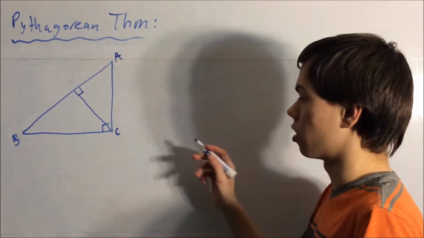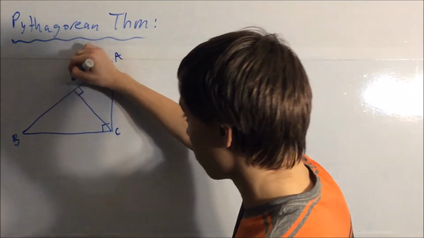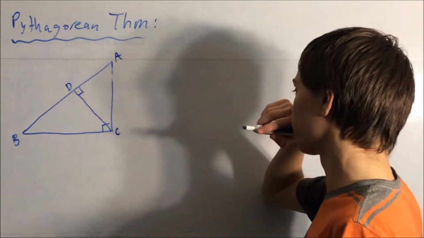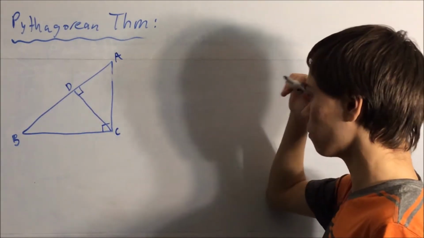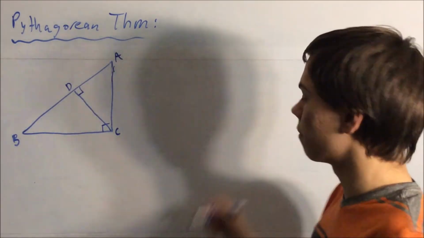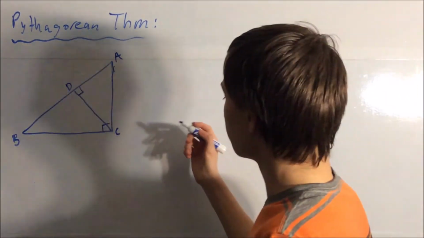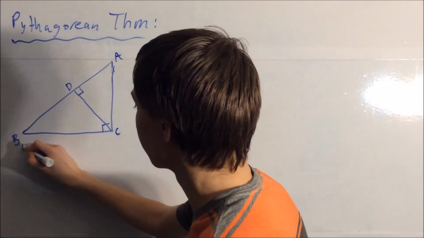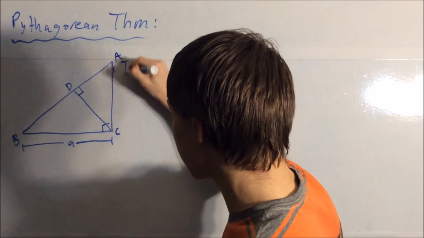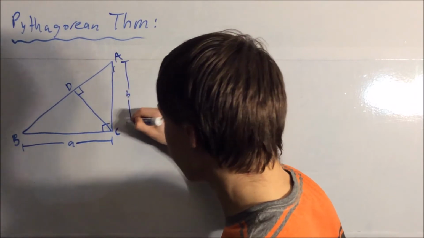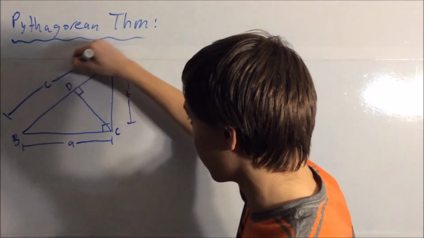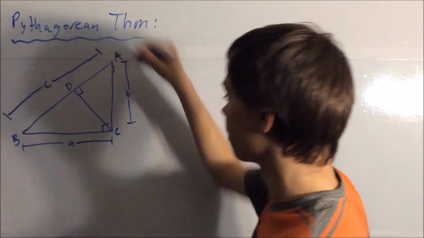I'm going to call this point D. Another thing, I'm going to say that this right here is side length A, and I'm going to call this side length B. And I'm going to call this entire thing right here side length C.